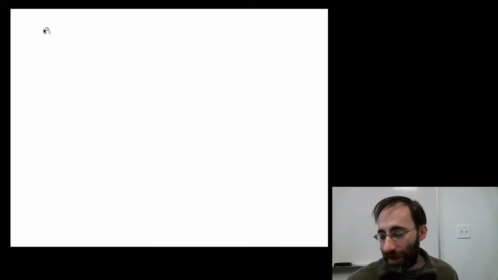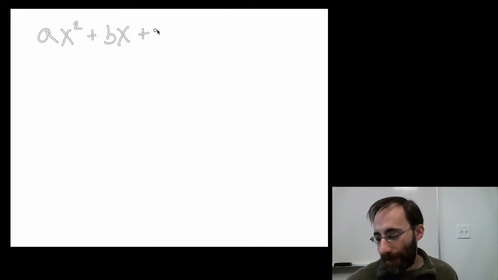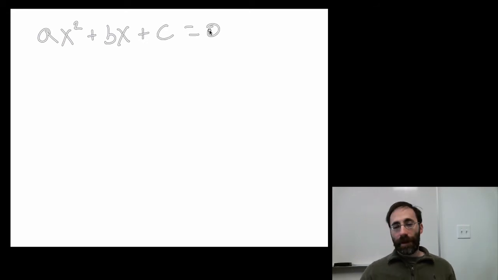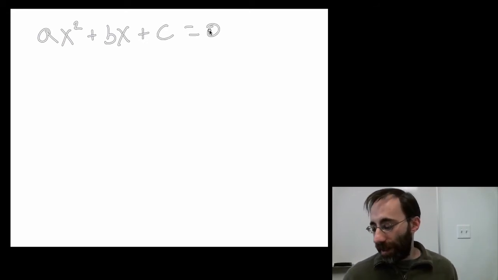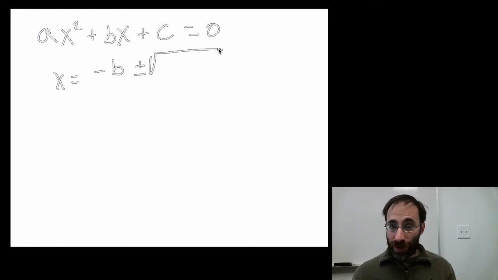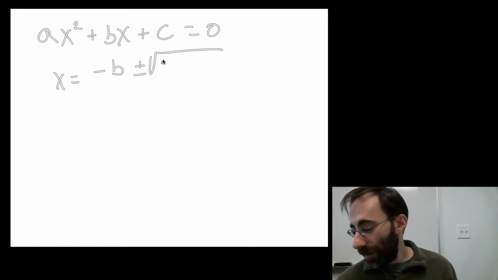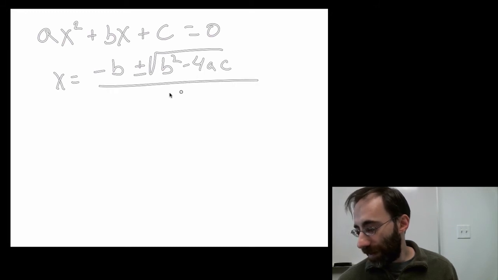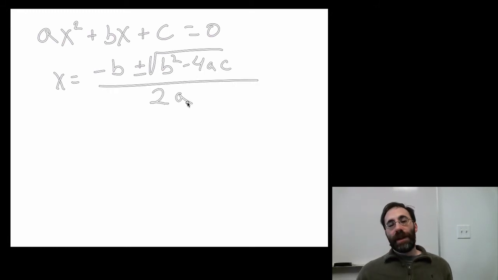If you have an equation that looks like this, the solution to this is x equals negative b plus or minus, because as we saw there could be two solutions to these equations, the square root of b squared minus 4 times a times c, divided by 2a. This equation is helpful because you can plug in anything you want for these values and get the answer pretty quickly.